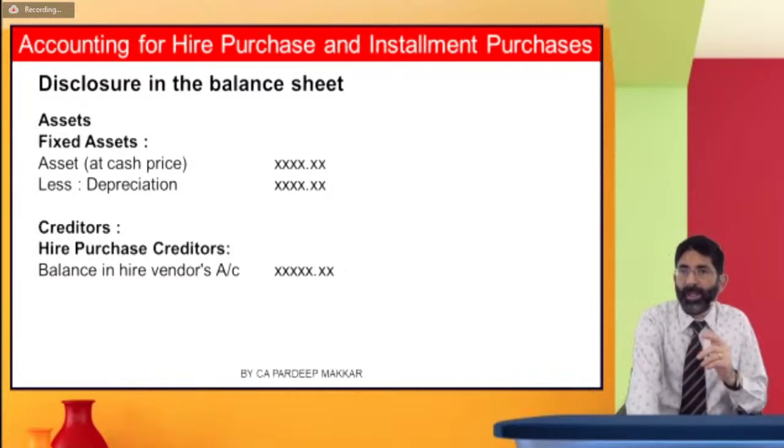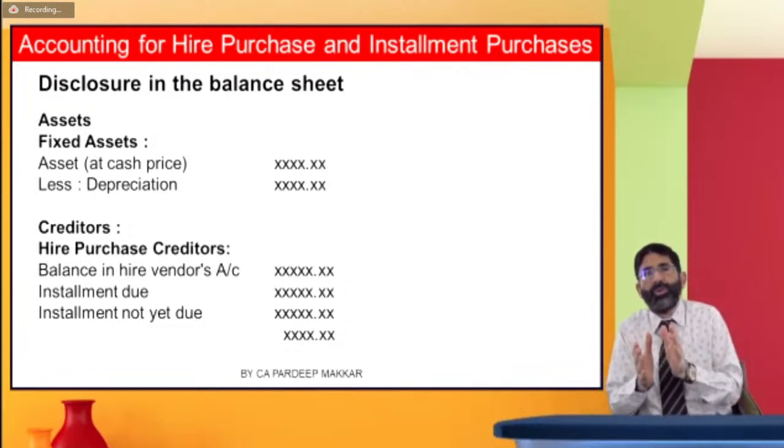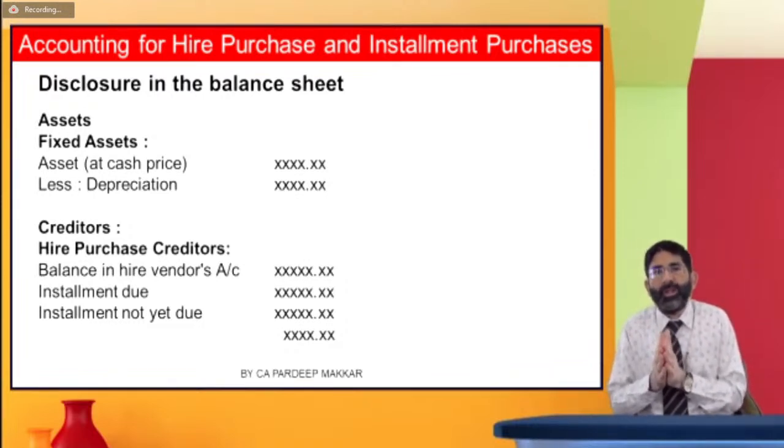You have to prepare the hire vendor account. Whatever amount is in the hire vendor account will be shown as hire purchase creditor. In this, there will be two amounts, installment due and installment not yet due, and the total amount will be shown there. All this will be understood only when we do it in a practical question.